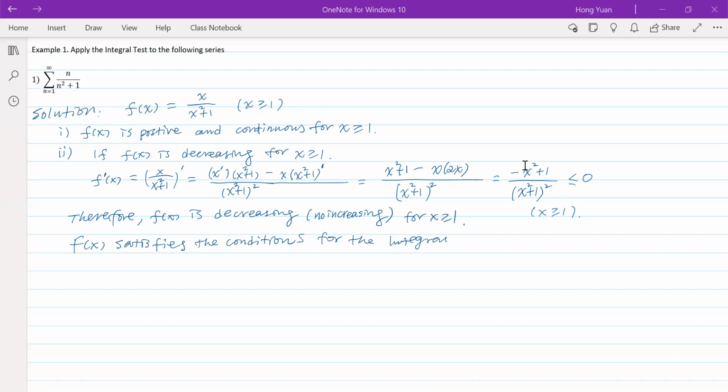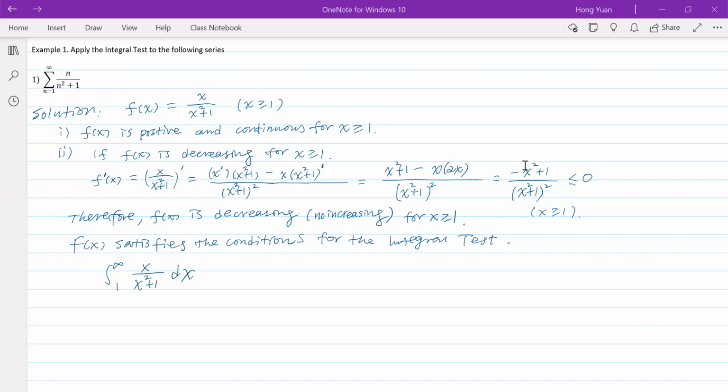Now we find the improper integral. If the improper integral converges, then the series converges. If the improper integral diverges, then the series diverges. So we find the improper integral.